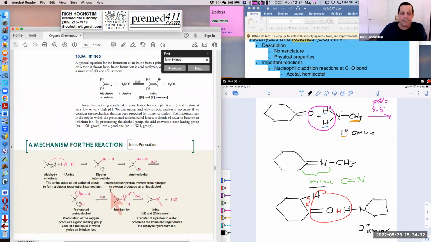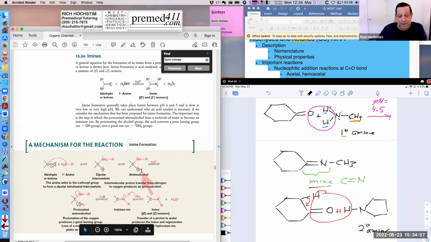As far as the mechanism, it's almost identical to what we just did. What happens, though, is rather than a proton attacking, it's going to be the nucleophilic nitrogen that attacks, and these electrons swing out to the oxygen like so. In the next step, we have protonation right over here, and then we have an additional protonation right over here.